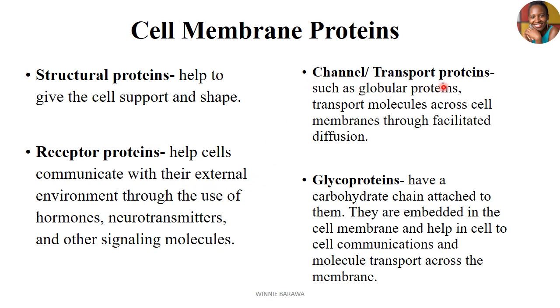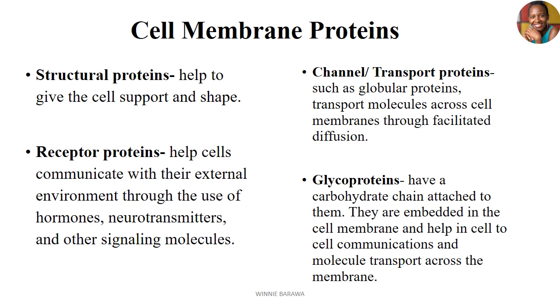Then we have the channel or transport proteins. These come in the form of globular proteins, and they help transport molecules across the cell membrane using different cell membrane transporters or transportation mechanisms like facilitated diffusion. And lastly, on the proteins, we have the glycoproteins. So the glycoproteins have a carbohydrate on them, just like the word glyco, which means carbohydrates. So they are attached to them, and they're embedded in the cell membrane, and the main purpose is to help the cell communicate.